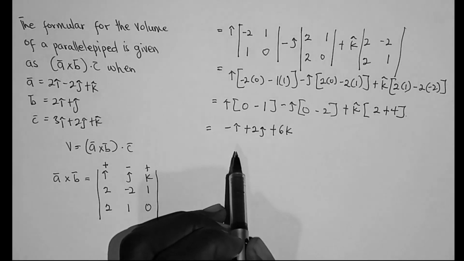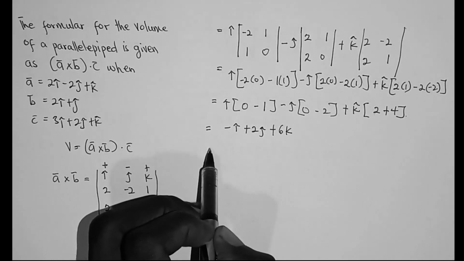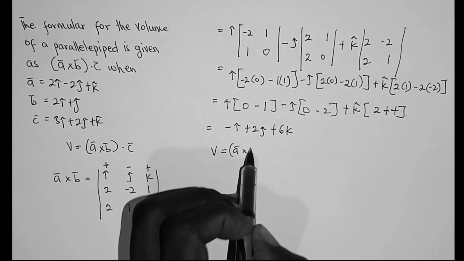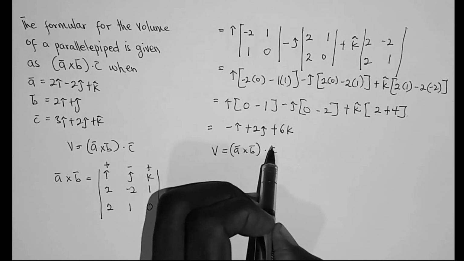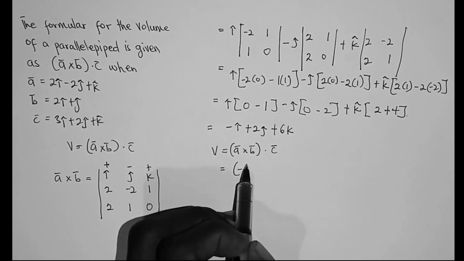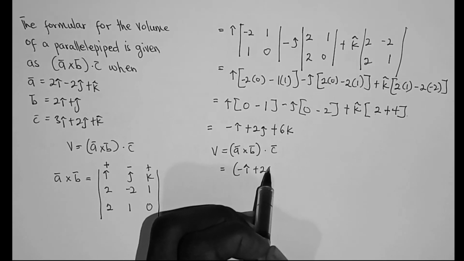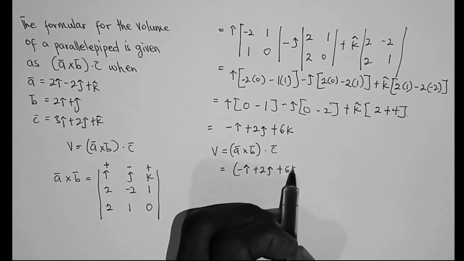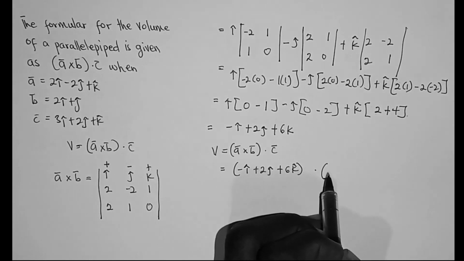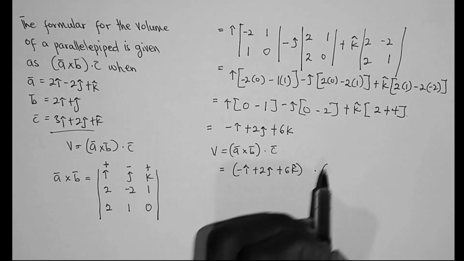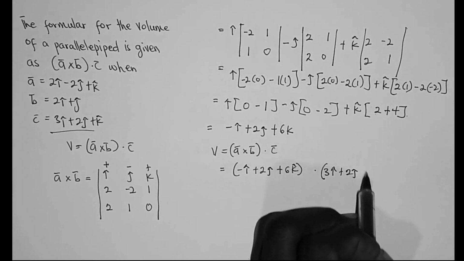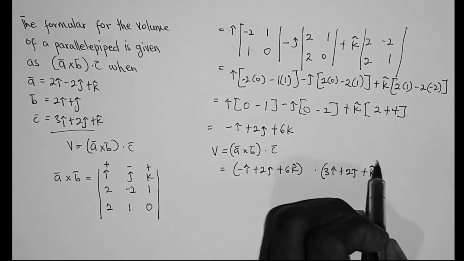So having found vector A cross B, let's go ahead and find the volume, which is equal to vector A cross vector B dot vector C. So vector A cross vector B is minus I plus 2j plus 6k dot vector C, and vector C was given as 3i plus 2j plus k.